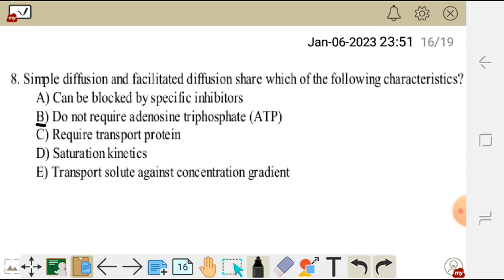So the correct answer is B. They do not require adenosine triphosphate. Simple diffusion and facilitated diffusion do not require ATP. Require transport protein? No. Saturation kinetics? No. Transport solute against concentration gradient? No. So the correct answer is B.